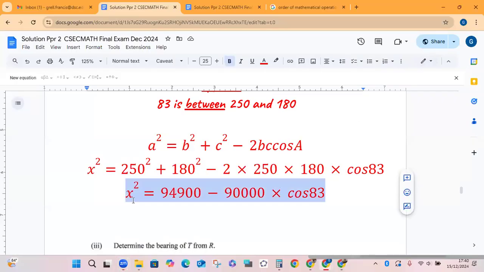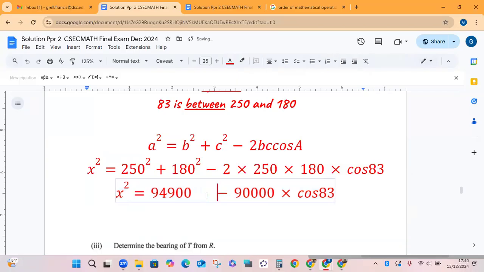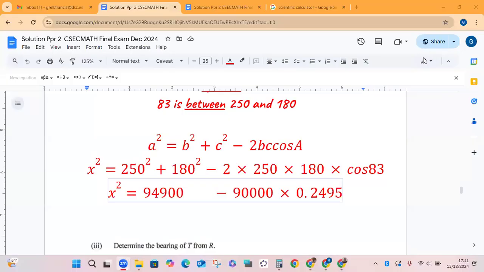So what we can do is multiply 90,000, well, that's negative 90,000, times cosine of 83. Let's see what we get. Well, let's get cosine of 83 first. Cosine of 83 is 0.2495 to 4 decimal places.